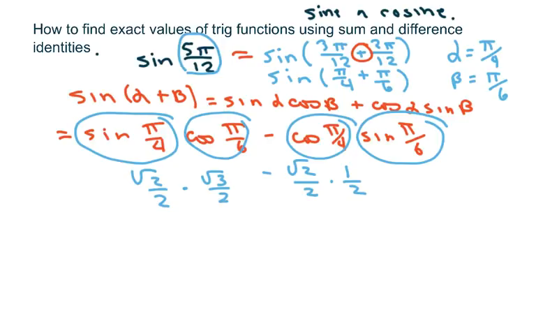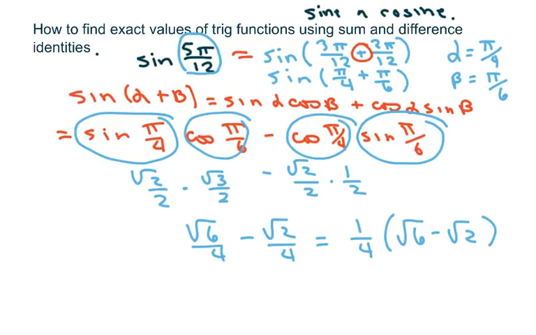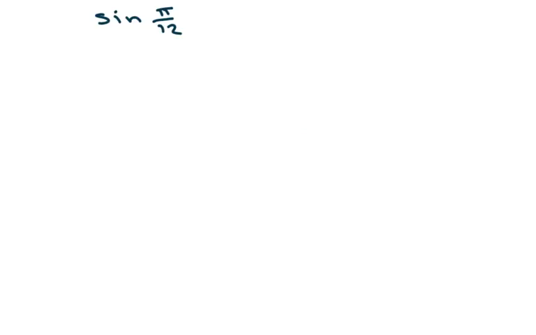Now we simplify that, and we're going to get the square root of 6 over 4 plus square root of 2 over 4. And we can write this as 1/4 times square root of 6 plus square root of 2. I just pulled out the 4. Okay? Now the next one.